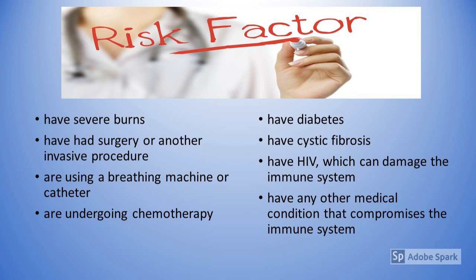Patients with diabetes tend to get infections a lot easier. Patients that have cystic fibrosis can easily pick up Pseudomonas aeruginosa because of the treatment they undergo and those types of things. Obviously, HIV patients are already immunocompromised, and really any other medical condition that would immunocompromise patients at the time of hospitalization sets them up as a high-risk factor.